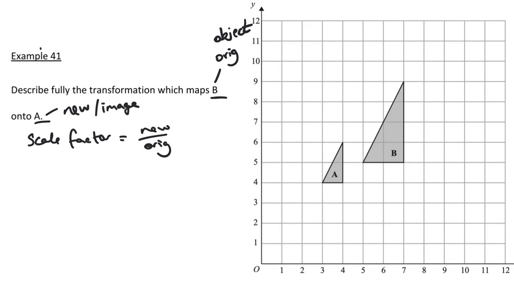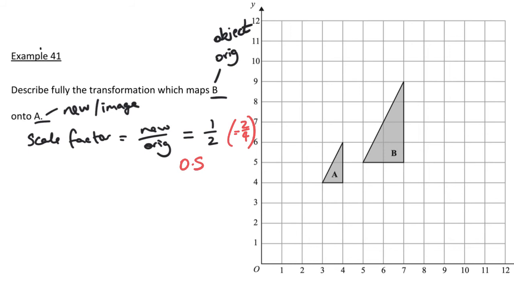So if we look at the base length of B and the base length of A, we can see it's 1/2. We could also have done the height, and the height of B is 4 and the height of A is 2, so then it would have been 2/4, and either way it's still a half, so the scale factor is 0.5.